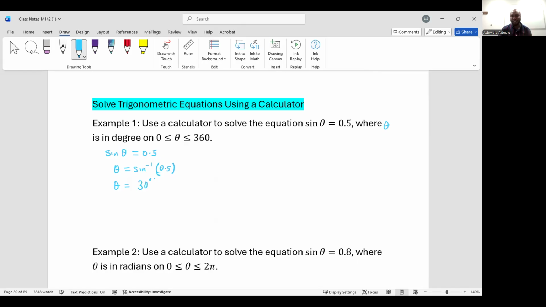So you notice that the calculator is just going to give you one answer. And that is because the calculator is restricting our answer to the restricted domain of sine, which is negative pi over 2 to pi over 2. So the calculator is just going to supply one answer.